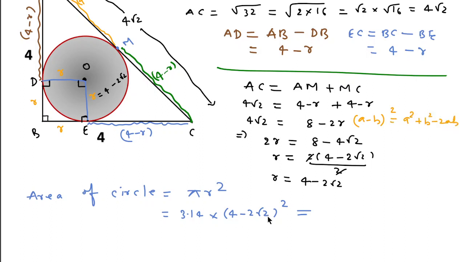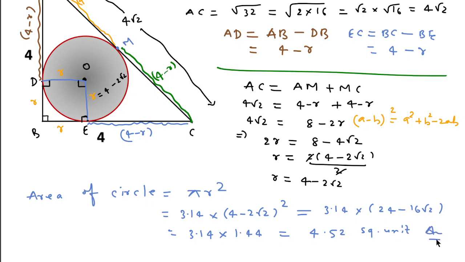Using this formula we can evaluate this value, that is 3.14 into 24 minus 16 root 2 will come after evaluating this, and 3.14, and so after subtraction we will get 1.44, and after multiplication we will get 4.52 square unit area.